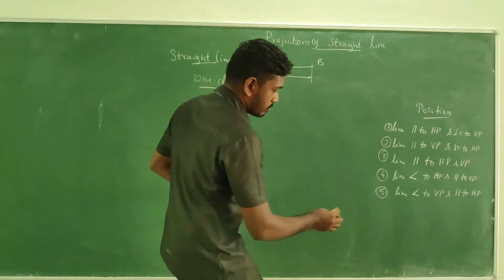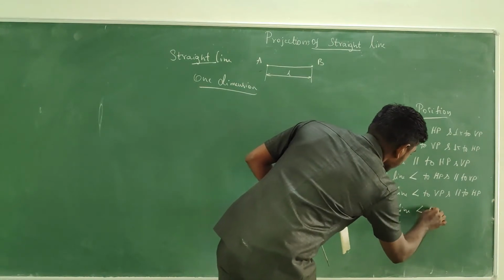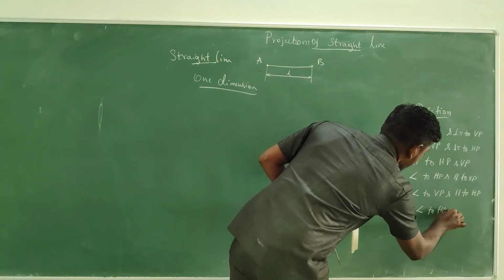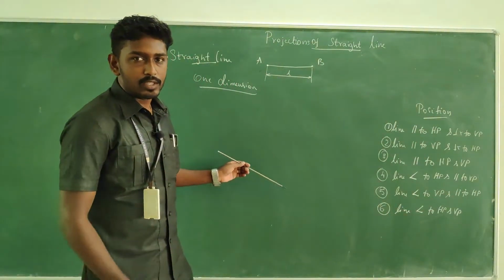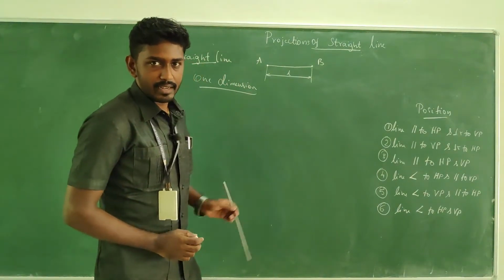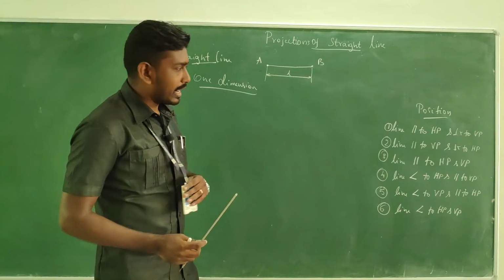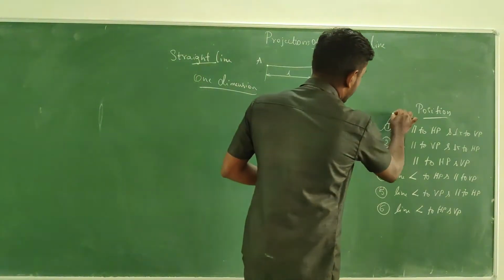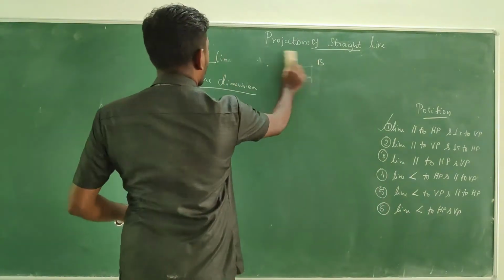The last position is line inclined to both HP and VP, inclined to both the planes. So these are the 6 possible positions when you are keeping the line in the first quadrant. First we can go with the first position, position number 1.